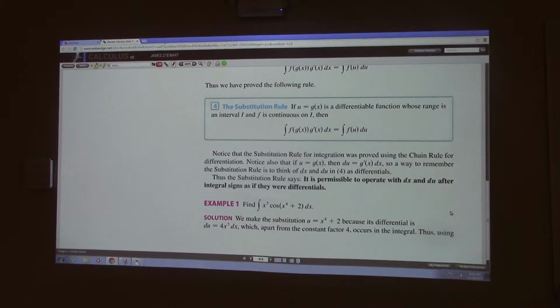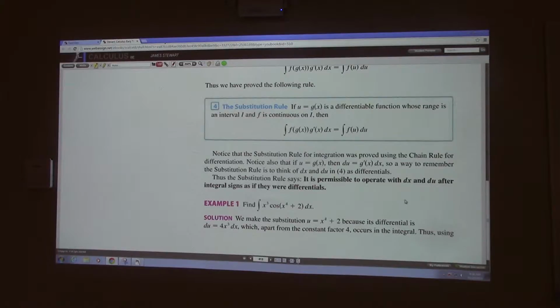The substitution rule: if u is equal to g of x, is a differentiable function whose range is an interval I, and f is continuous on I, then the integral of f of g of x times g prime of x dx is equal to the integral of f of u du. Where they get this stuff, I have no idea.